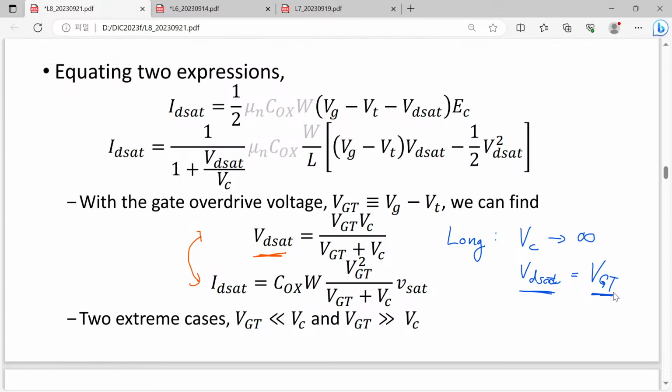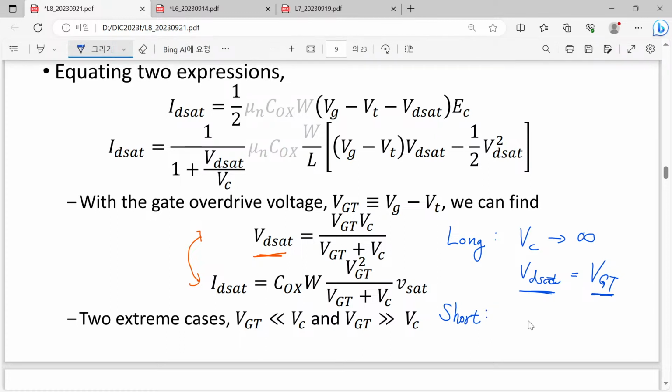Oh, good. But the more important question is the short channel device. In this case, we can assume that the critical voltage is approaching 0. Now instead of the gate overdrive voltage, our saturation voltage becomes what?